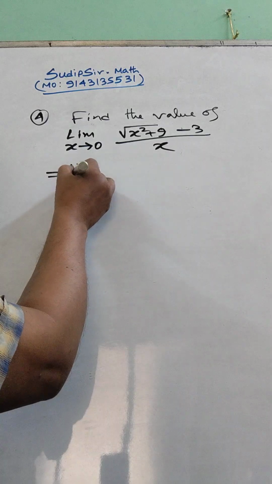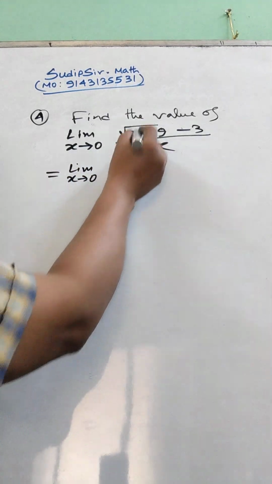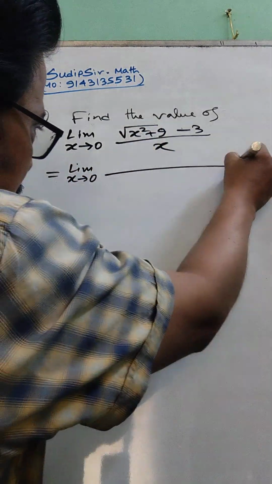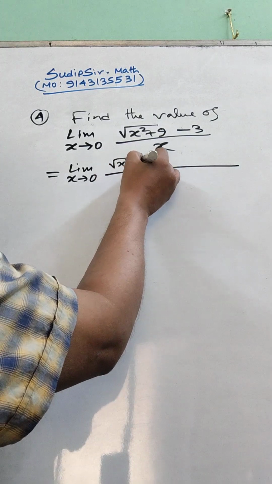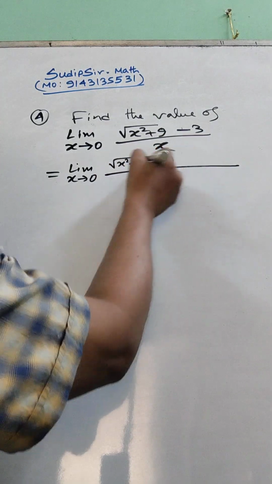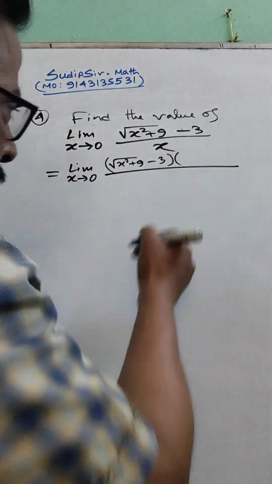Limit x tends to 0, now this is root of x square plus 9 minus 3. So we have to multiply with the conjugate part. If root a minus root b, we have to multiply with root a plus root b, and vice versa.